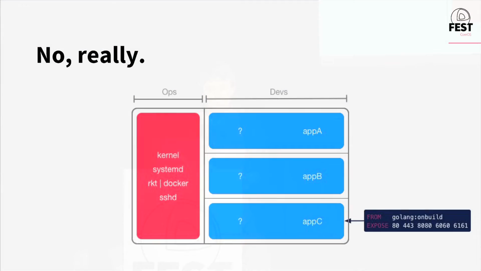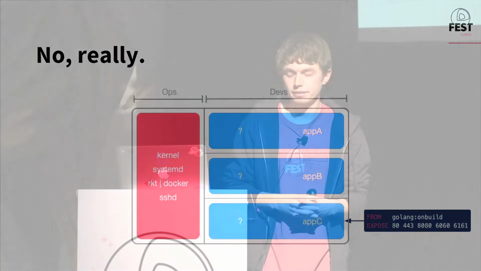Eventually, when more and more containers are created, no one is sure anymore of what's actually shipping and running in prod. I really like this small Dockerfile on the right over there. I cannot tell at all what's in the container.